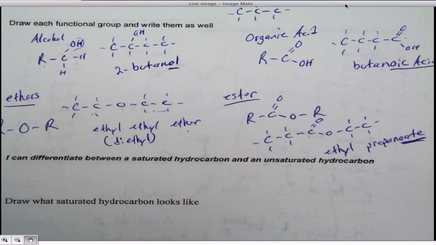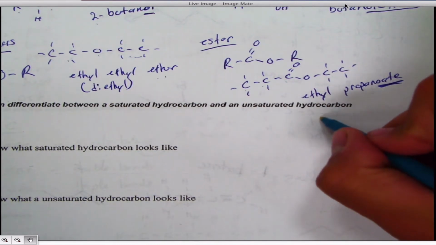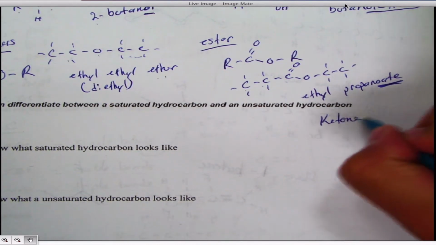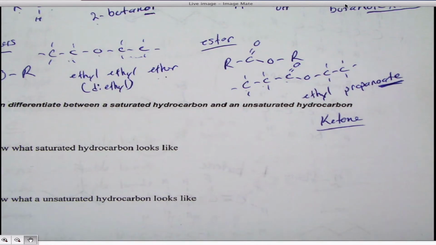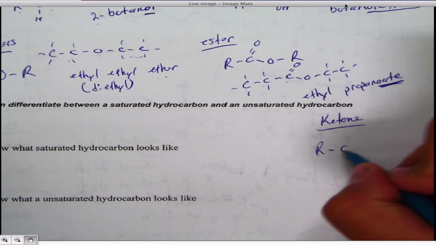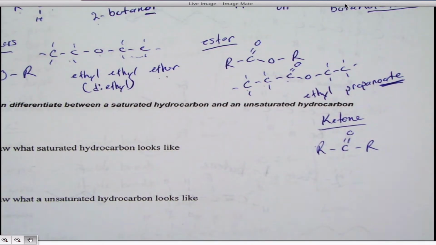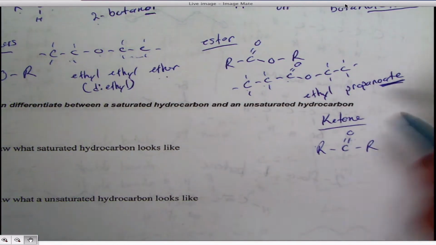And the last ones we really need to talk about, and we'll talk about some other ones. The main one right here is going to be a ketone. Ketones are going to be any number of carbons, but in that carbon chain you're going to have a double bond to an oxygen. Actually, this one's always going to be in the middle. Sorry, this one's always going to be in the middle. So how it looks is like this.